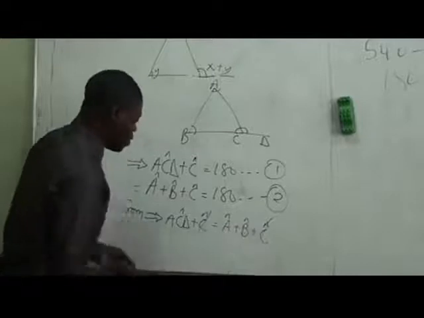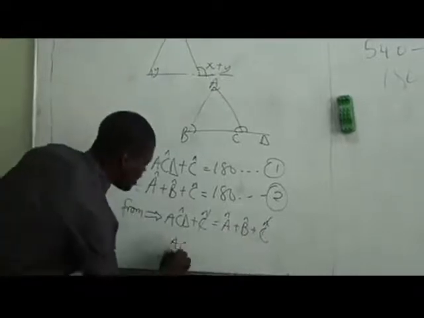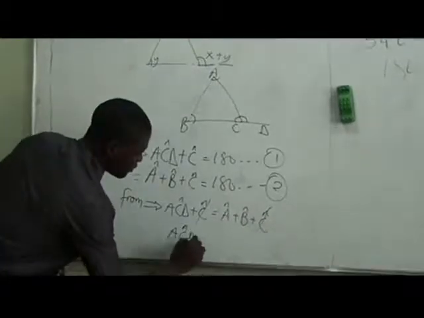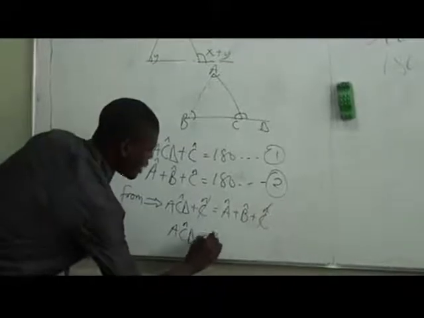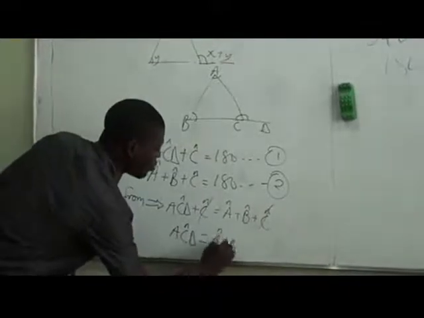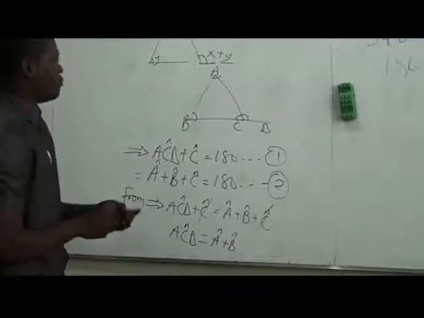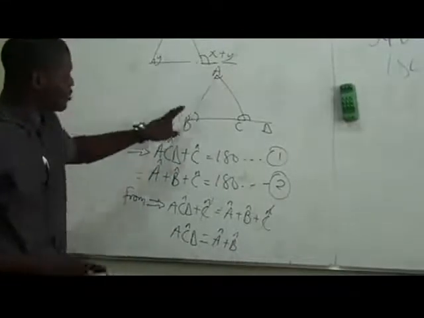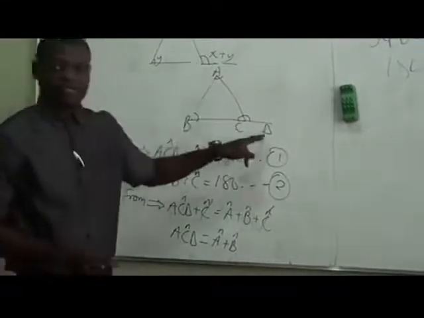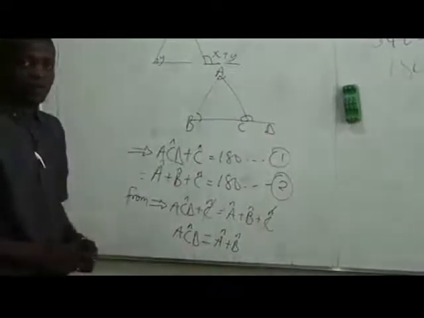Once we have them cancelled, we are left with angle ACD is equal to angle A plus angle B. Proved. That is, this plus this will give us ACD. Have you seen it now?